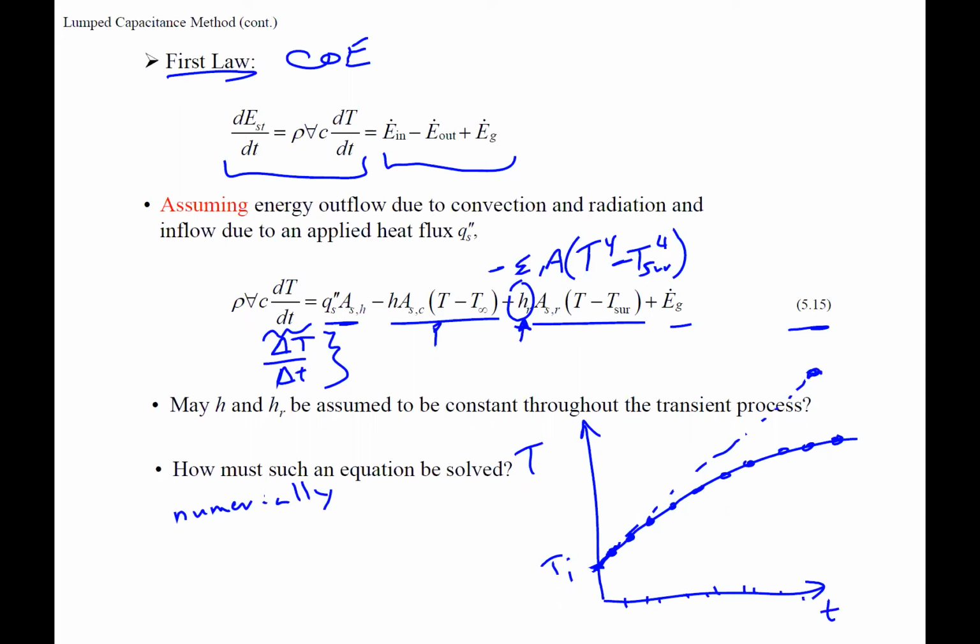That's a numerical method, so it has to be solved numerically, and that's due to radiation in any other term. Questions on that? All right, so that means radiation's kind of the pain, right?